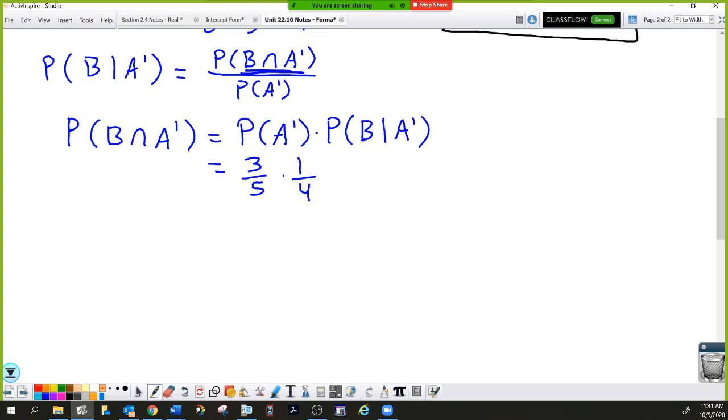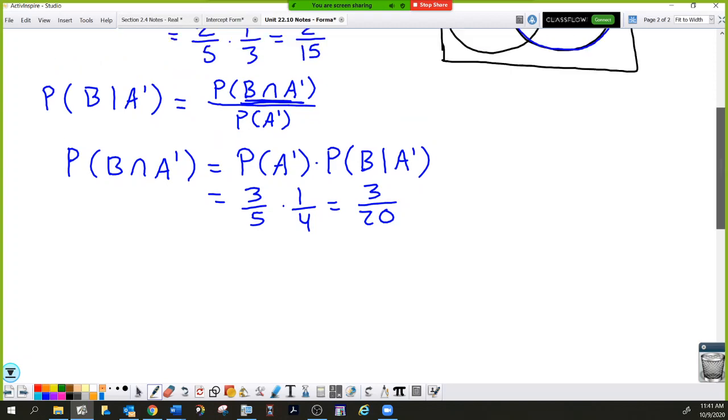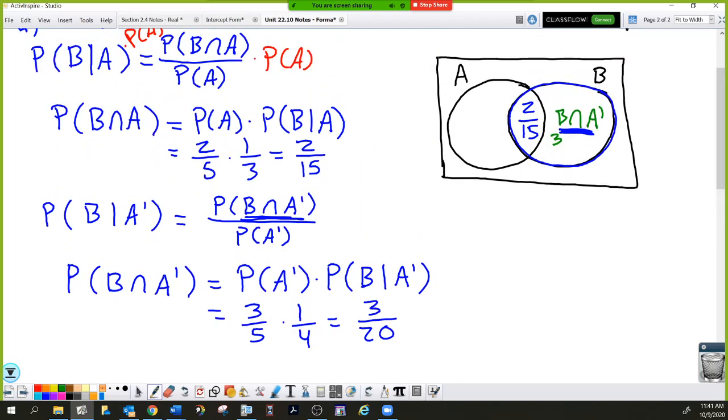Yeah. So the probability of this intersection is 3/20. This intersection is 3/20. So to find the probability of B, you add those two fractions. 2/15 plus 3/20.